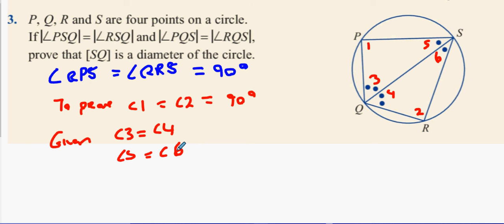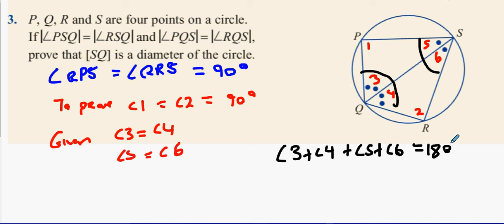Now, what can you tell me about cyclic quadrilaterals? Opposite angles add up to 180 degrees. Exactly. Can I just finish my thought? What I'm going to argue is that angle 3 plus angle 4 equals what? 180. And what's the reason for that?